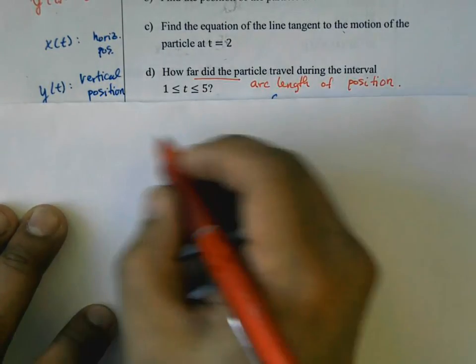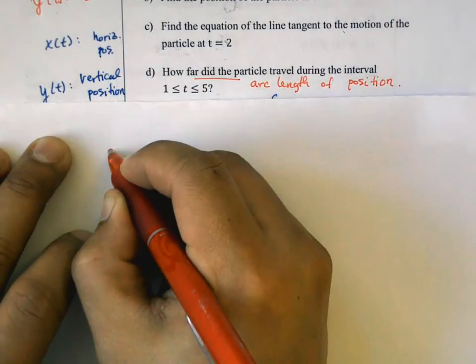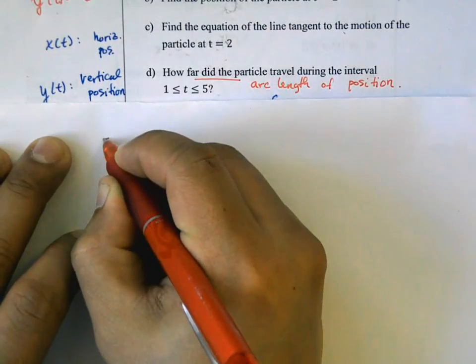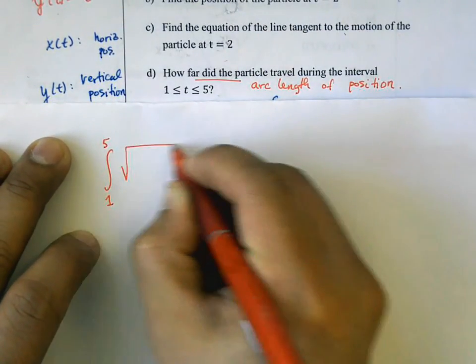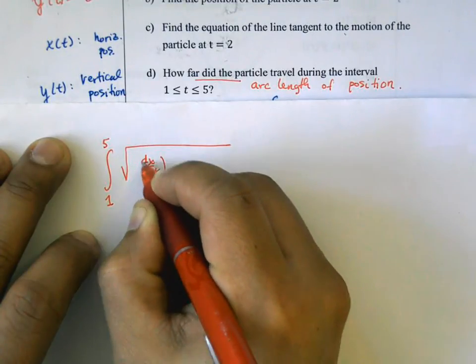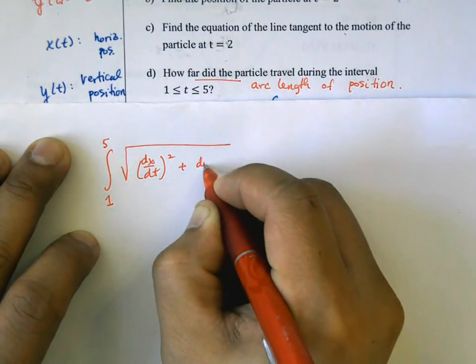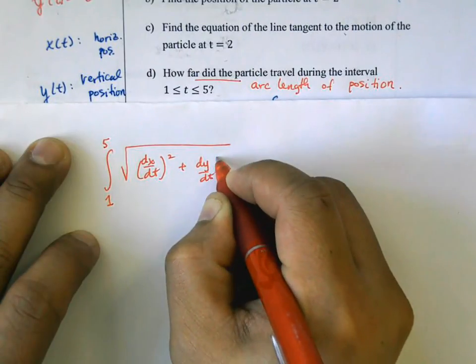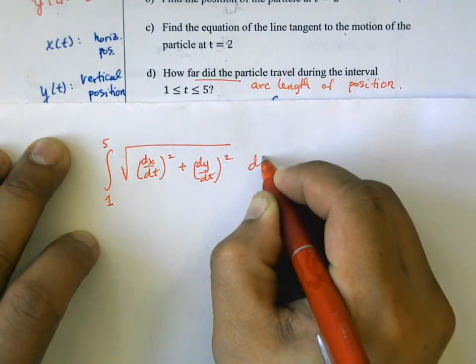Okay. Well, we know then to calculate arc length, we're going to integrate between 1 and 5. And this is going to be the square root of (dx/dt) squared plus (dy/dt) squared, dt.